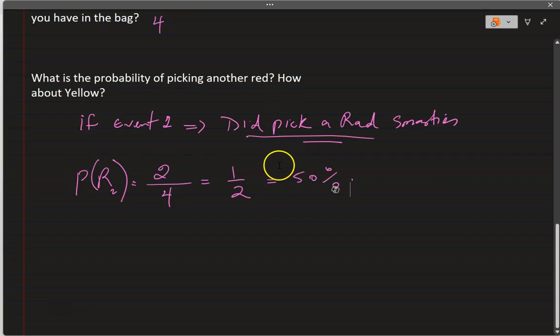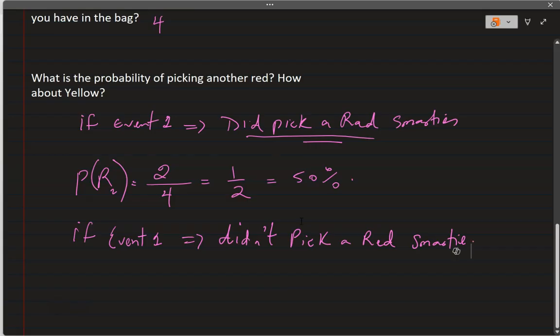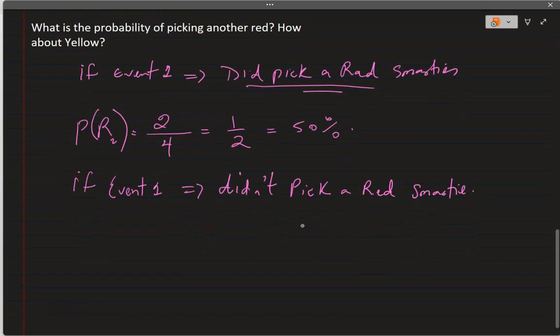But then what if it wasn't? How about if it's yellow? Let's suppose that in event 1 we didn't pick a red Smartie. That means if you want to choose the second one and pick red, we'll have 3 out of 4. Now the probability is 75%.